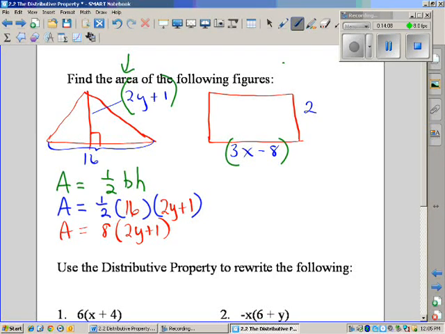Now I'm almost finished, but I need to distribute to get my final answer. So I'm going to distribute the 8 to the 2y and get 16y. I'm going to distribute the 8 to the positive 1 and get positive 8. My area is 16y plus 8 square units, whatever the units are.